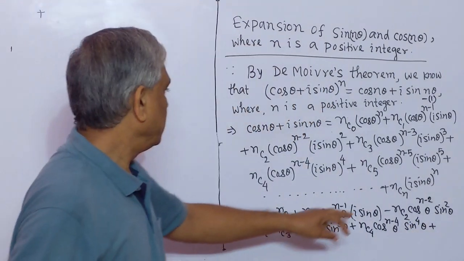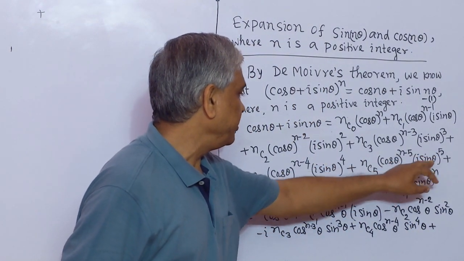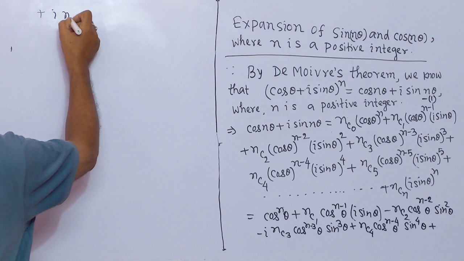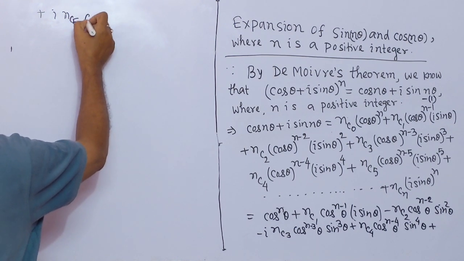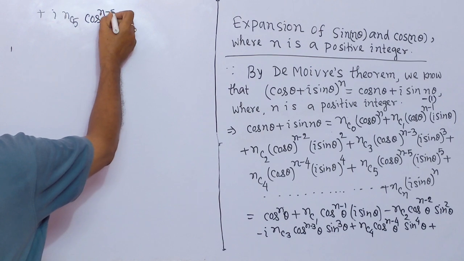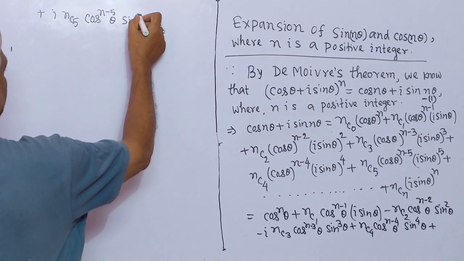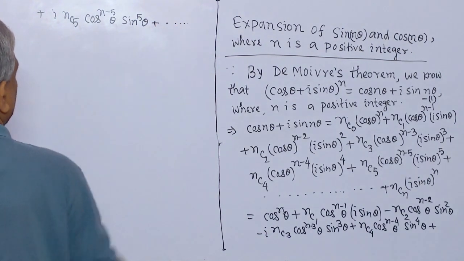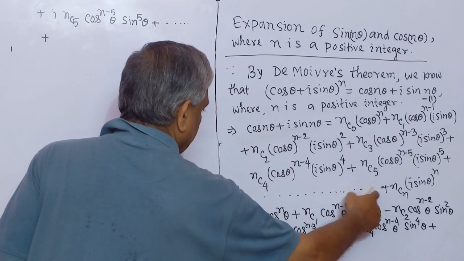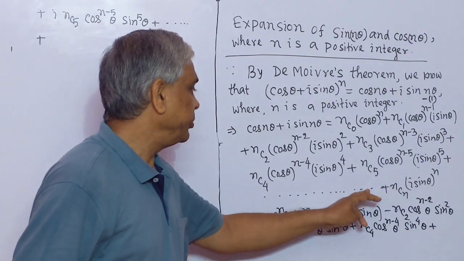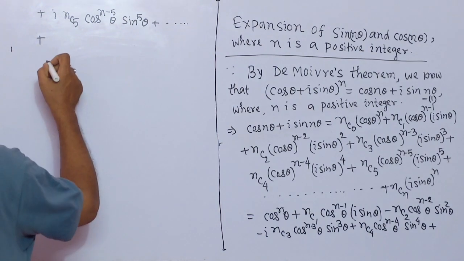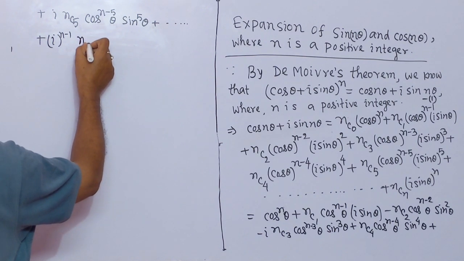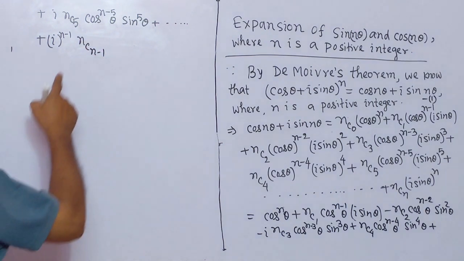plus, here we see i to the power 5 means i, and here nC5 i cos to the power n minus 5 theta sin to the power 5 theta, plus dot dot dot, plus the last term but 1, means one term before the last term, is i to the power n minus 1 nC(n minus 1), that is nC1.